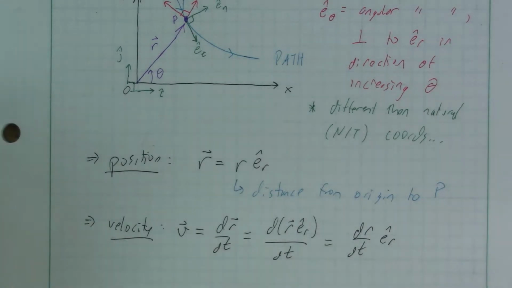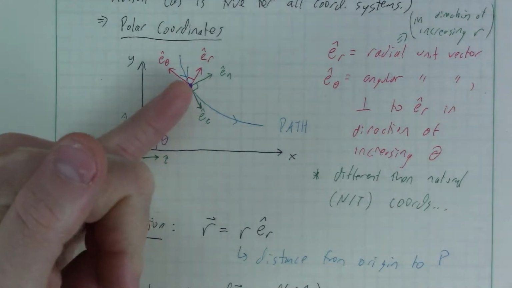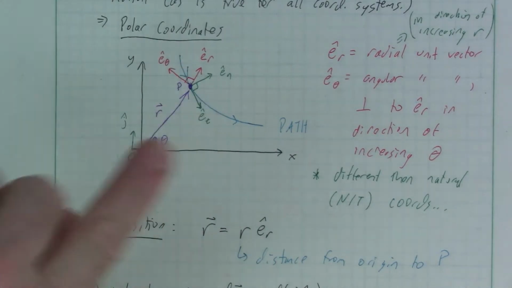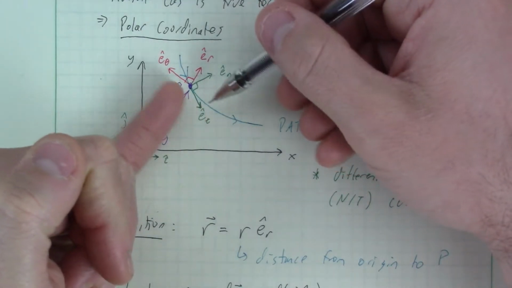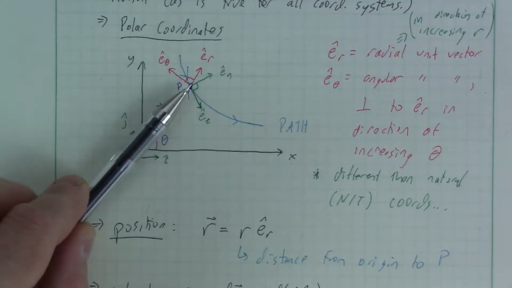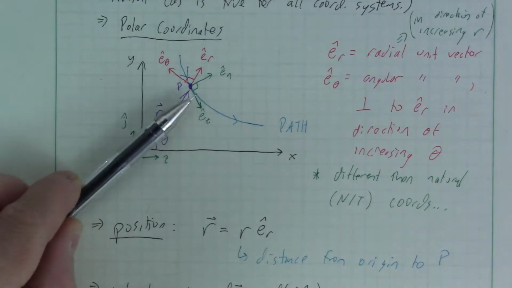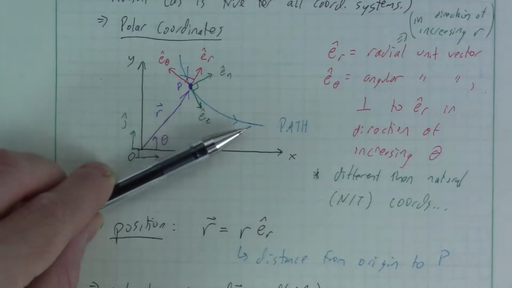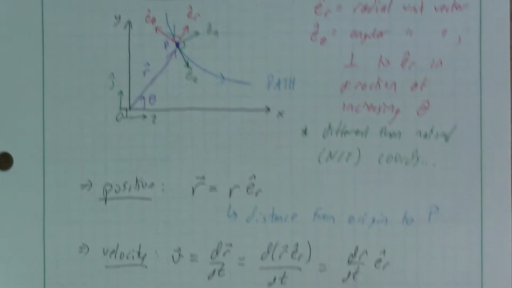As the position vector changes, let's go along the path. As our position vector changes in time, maybe the pen would be better than my finger. As the position vector changes and we try to stay on the path, the direction my pen is pointing is changing. So in time, our unit vectors rotate, and luckily we've already worked through this generally.